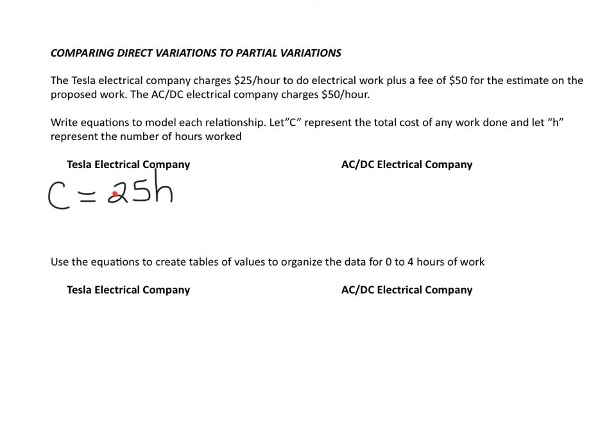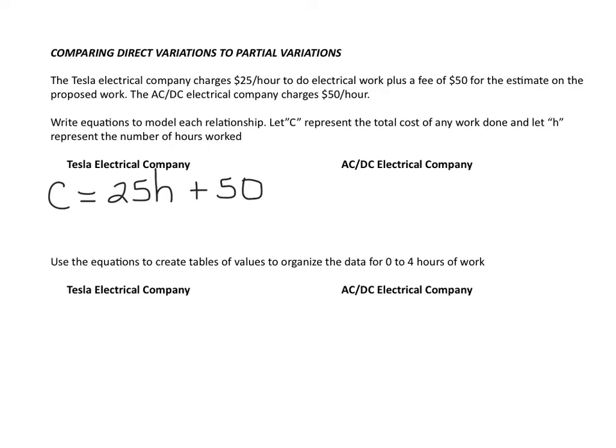So that represents $25 per hour for every hour. But then on top of that, they are charging you $50 just for an estimate for the amount of work that you are asking them to do. So the equation then for the Tesla company would be C equals 25H plus 50.